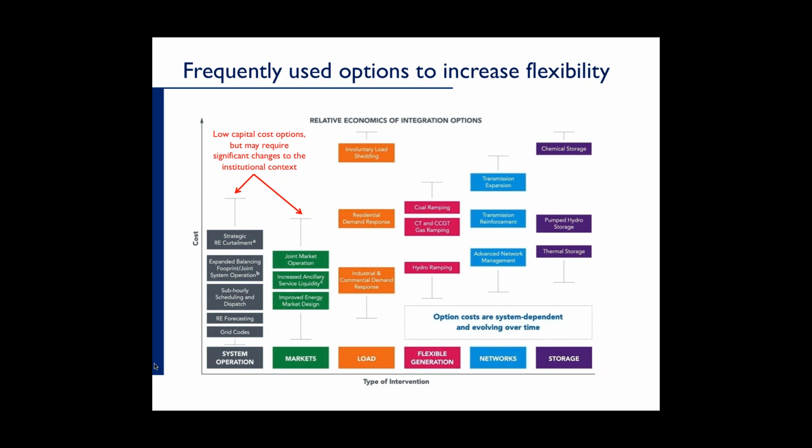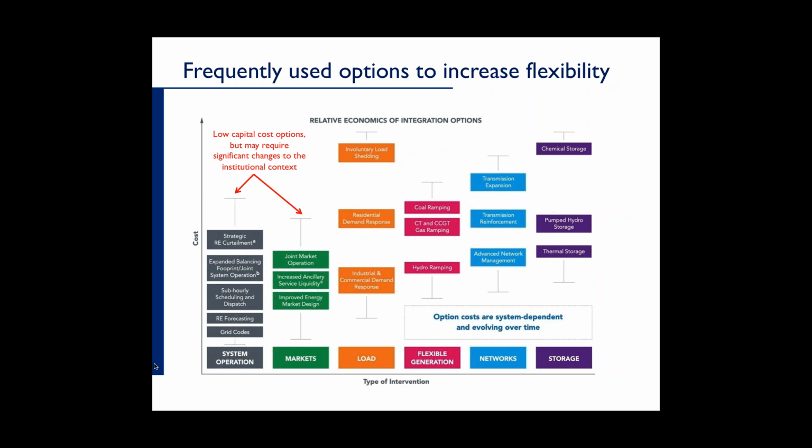So these are the categories of things that we can look at to help increase the flexibility on the system. For example, with markets, there are market designs that can be put together. We have many of those in the US and some in Europe that can be designed in such a way to elicit as much flexibility from the power system as possible. And there are a number of specific steps involved with that.